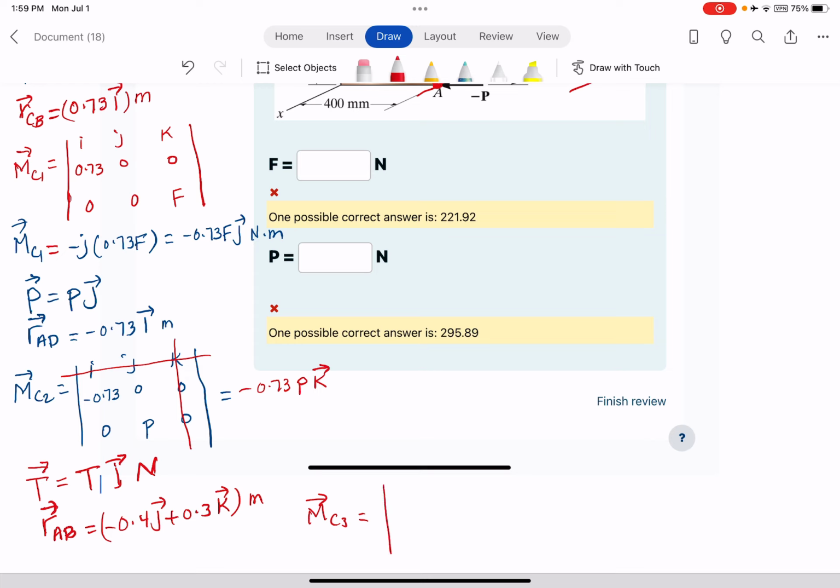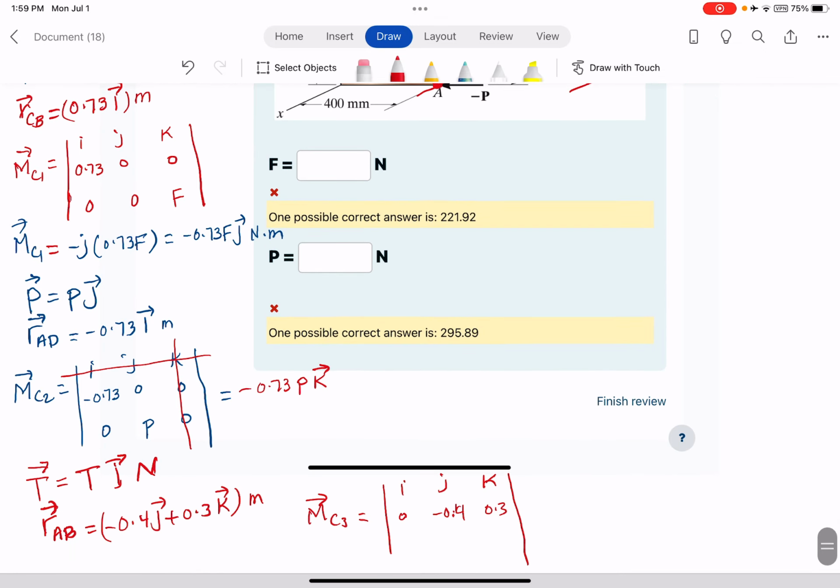Okay, i, j, k, and now I'm going to put the position vector here, 0, minus 0.4, 0.3.